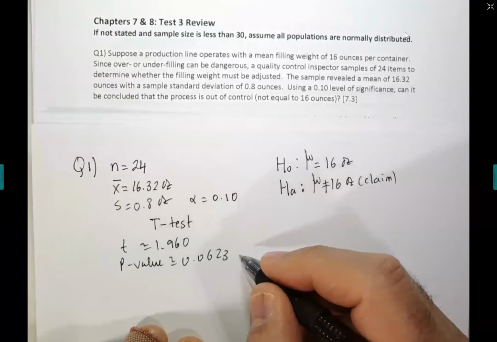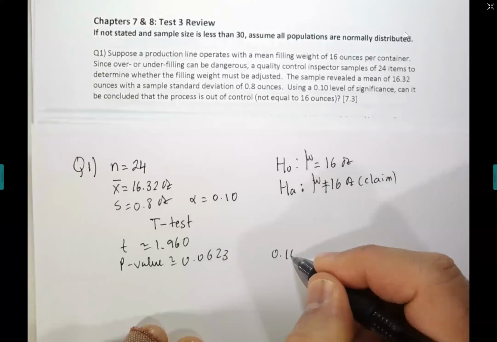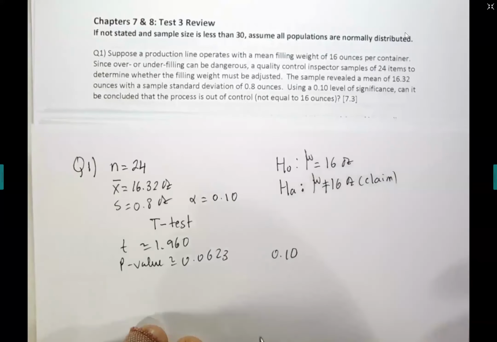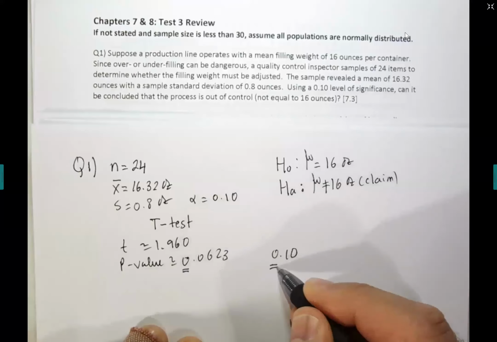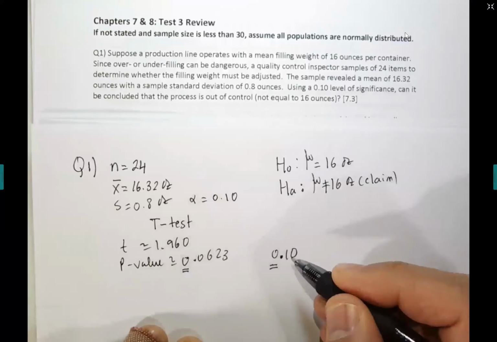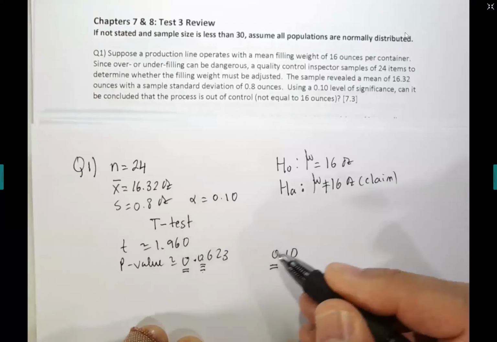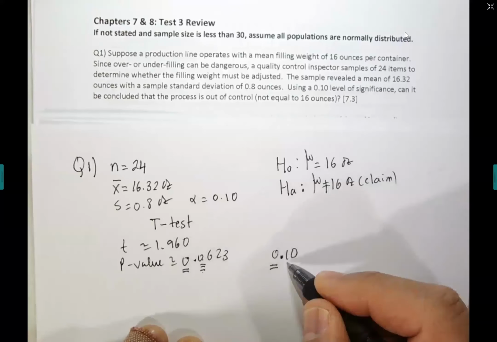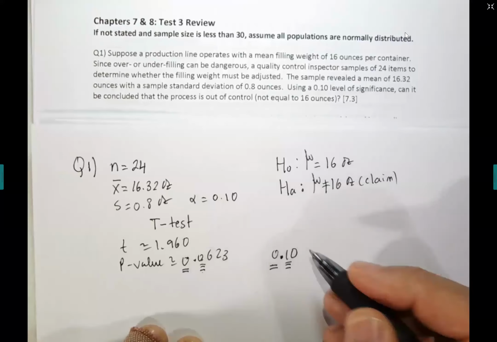Well, guys, this is how you compare with alpha. I'll show you again. Look, this is how I would compare if I were you. The 0 is the same as the 0, so they are equal as of now. We have a dot here, we have a dot here. We have a 0 here, and we have a 1 there. Well, we know 0 is less than 1, so that must be less.